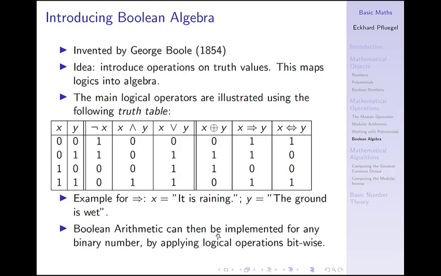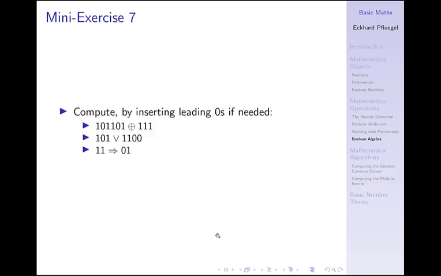If you look at the different digits, so bitwise, then you start implementing operations on binary numbers, and that will effectively lead to implementing logical operations in a computer. And hence the mini exercise, can you try to compute the exclusive OR operator for those two inputs? And if the inputs do not have the same number of binary digits, you need to add leading zeros to the left of this number here.